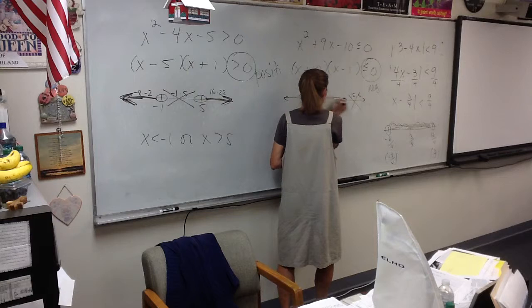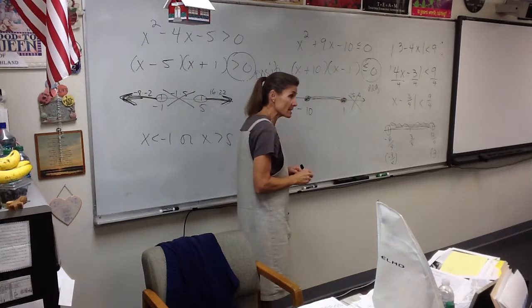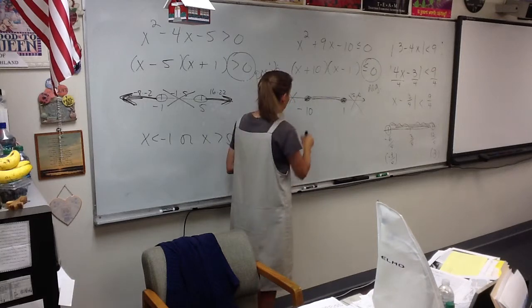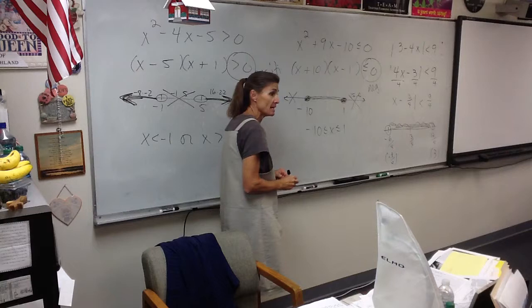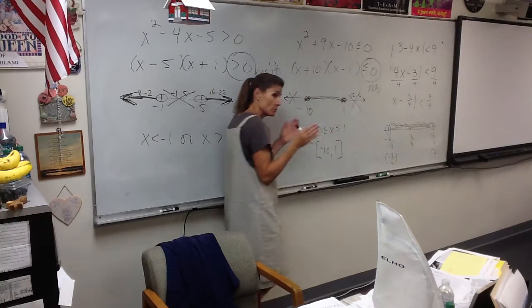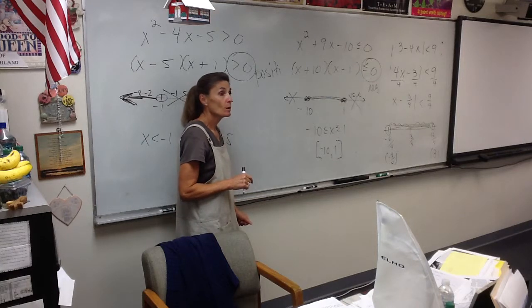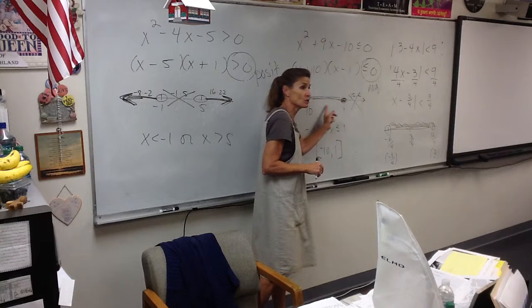Yeah. It's going to work. What about this section? It's not going to work. So this time, our answers are all of the numbers in between -10 and 1, and this one can be written that way because it's the numbers in between. Wait, how do you know the left side won't work? They alternate. The sections alternate. Oh, okay.